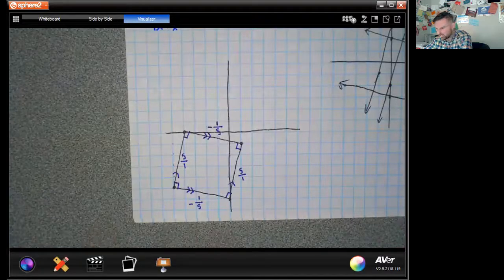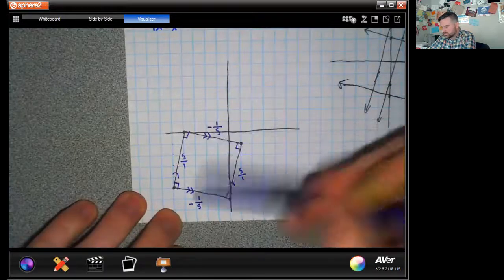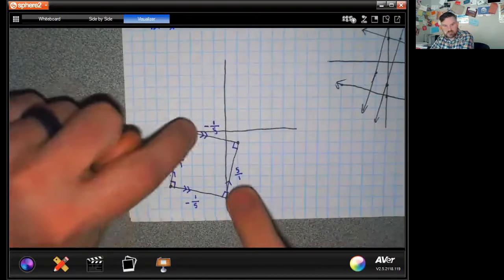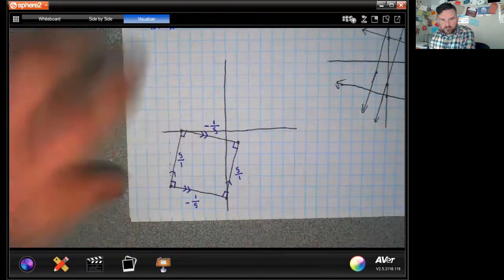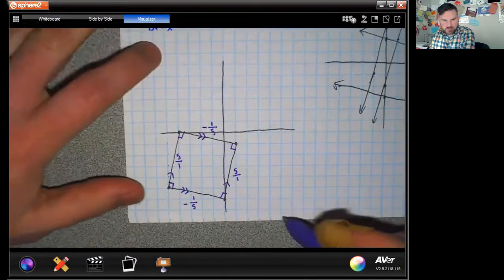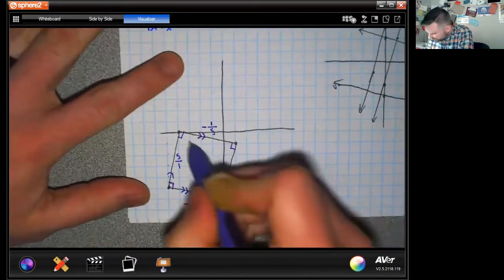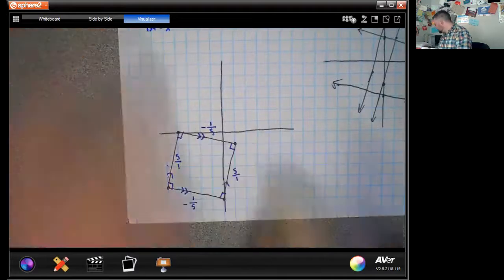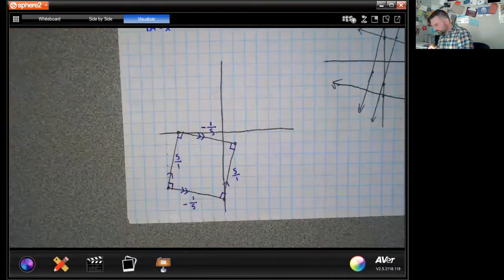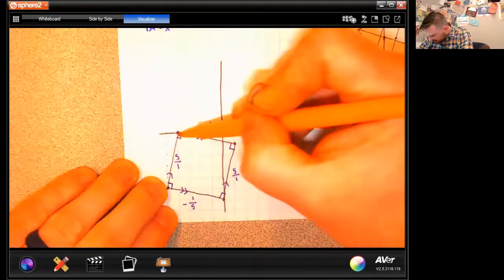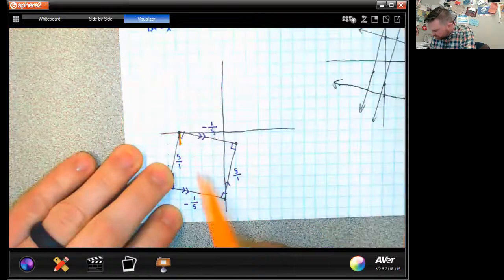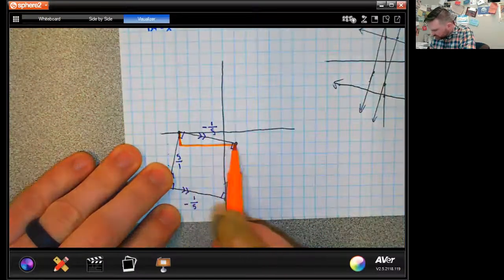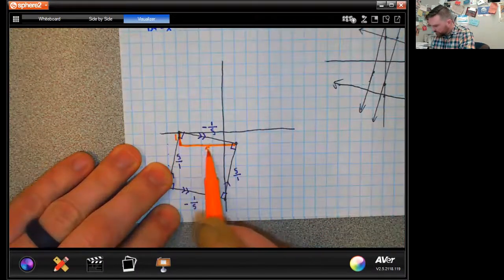Okay, so let's check out the sides. And we know that opposite sides are equal. So I really just need to see if these two are equal. Well, if we make our right triangle like before, okay, let me choose a different color here. If I come down here, that's 1, and I go over here, that's 1 and 5.